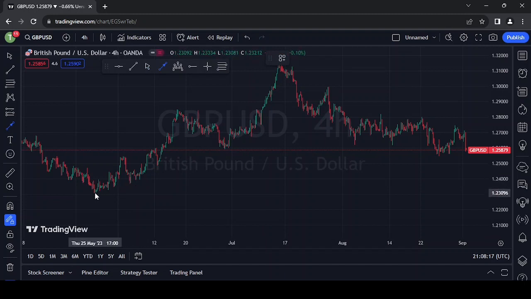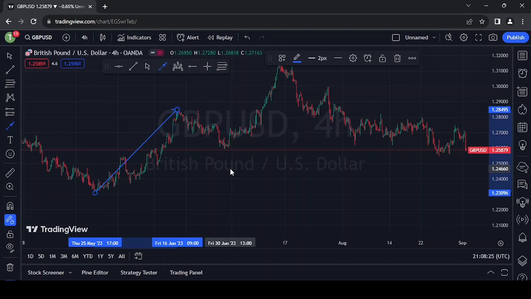From this low to this high is an external structure. Okay, is an external structure, or you say order flow. Okay, or you say swing points.